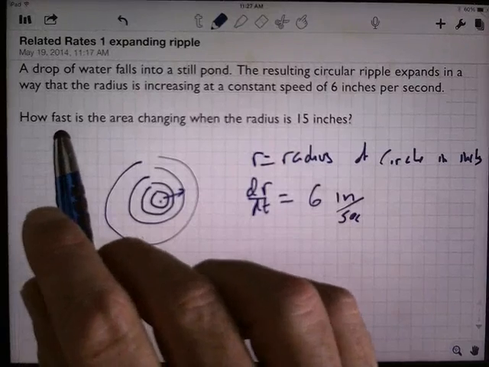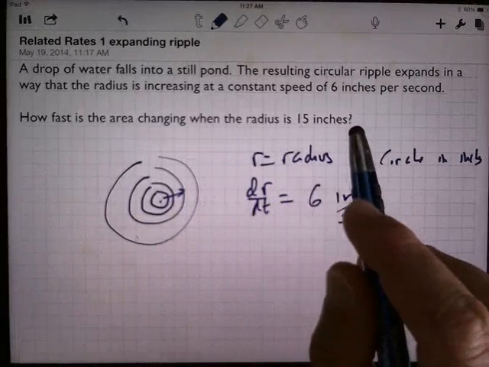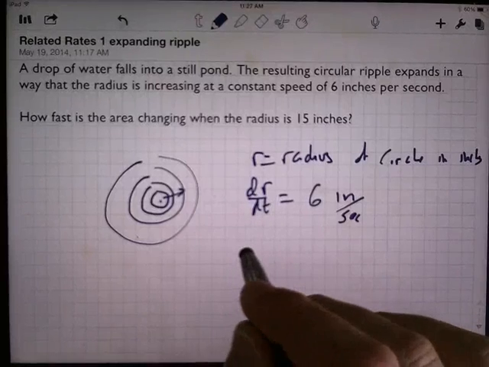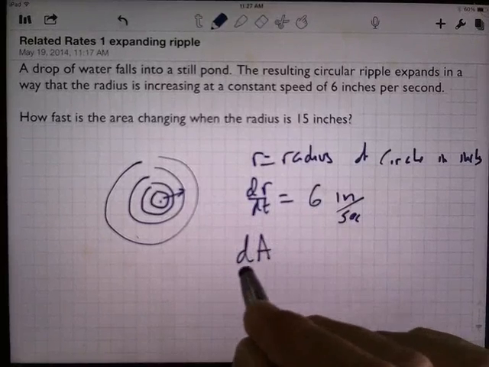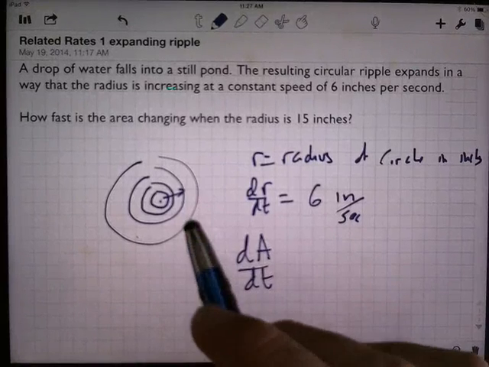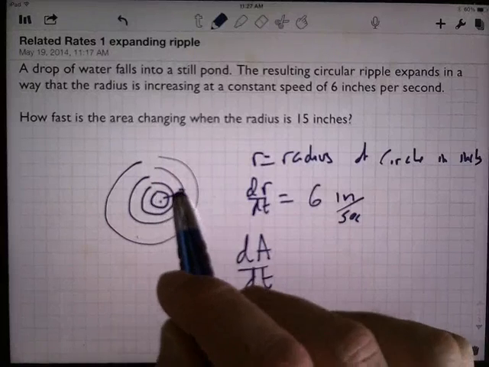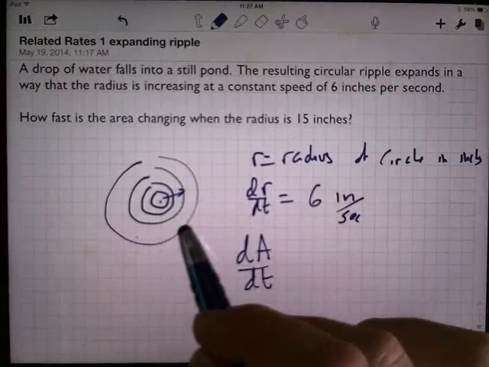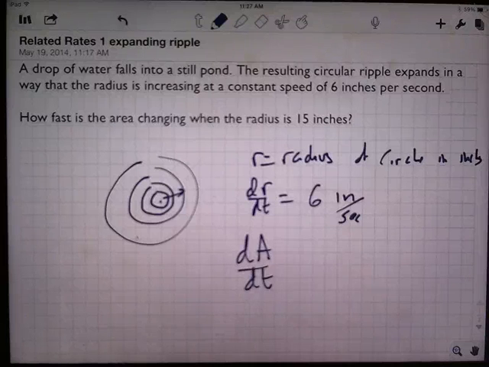The question is, how fast is the area changing when the radius is 15 inches? So they asked me about the rate of change in the area, right? Notice both the radius and the area are functions of time. As this ripple grows and moves, the radius is getting bigger, and the area of the circle is getting bigger.